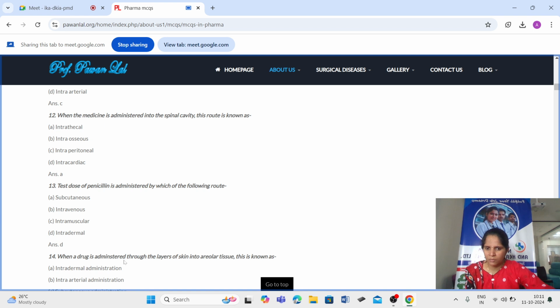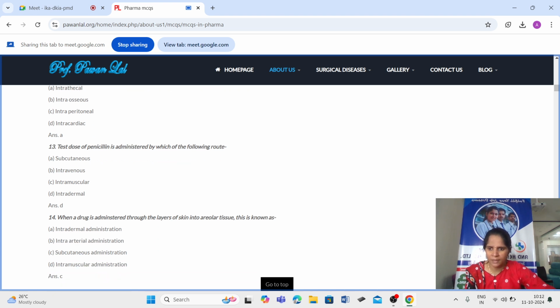Next you see here, this question I think you can answer. When a drug is administered through the layers of the skin into areolar tissue, this is known as what? Intradermal, intraatrial, subcutaneous, intramuscular. So what do you call it?